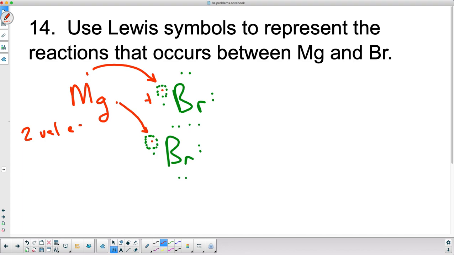Okay, so this would be the Lewis symbols to represent the ionic bond that happens between magnesium and bromine. And then on the other side, I end up with magnesium down 2 electrons, which means it has 12 protons and 10 electrons, which is where the +2 comes from. And then here I have 2 bromines. Each one has a -1.